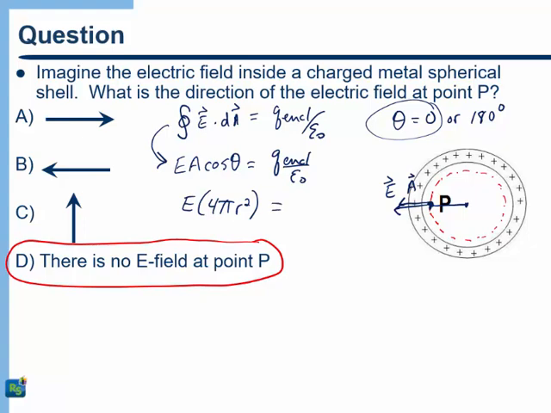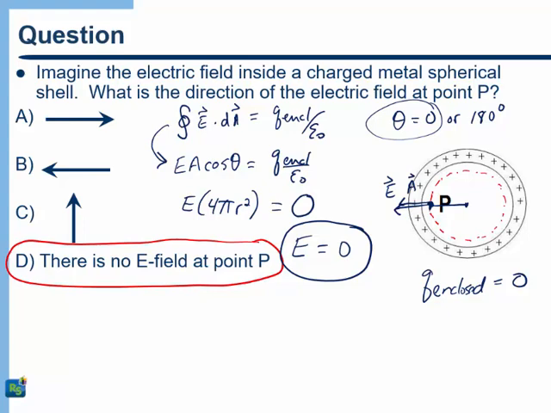But how much charge is enclosed in my dotted line? Notice there's none. Q enclosed is 0. So that's 0. Well, r is not 0 and 4 pi is not 0. So the only way this could be true is the electric field has to be 0. So think about that. The electric field has to be 0 anywhere inside that shell.